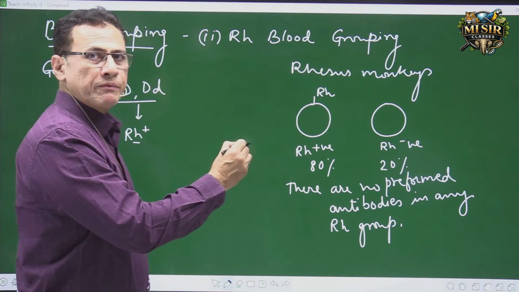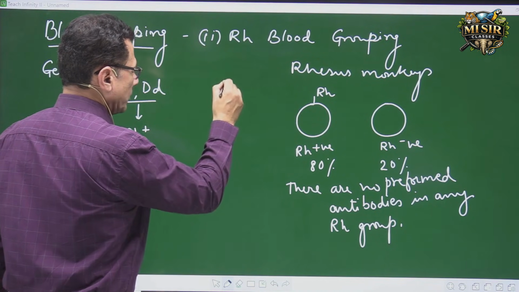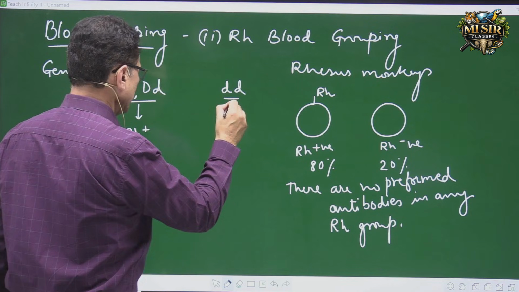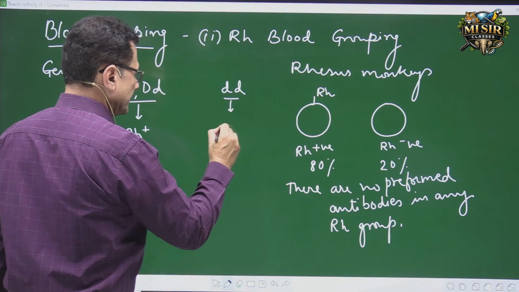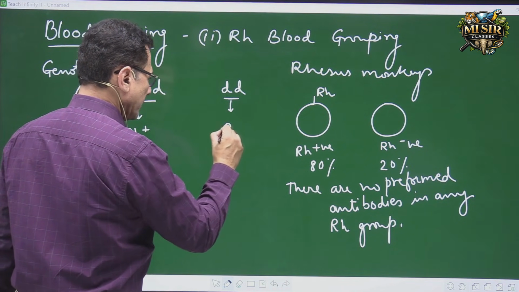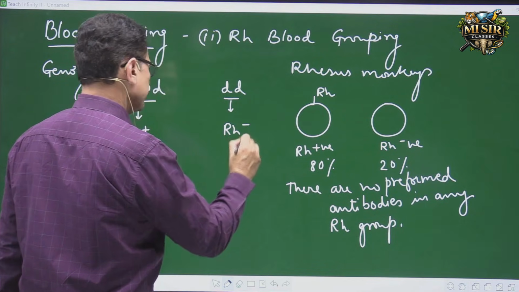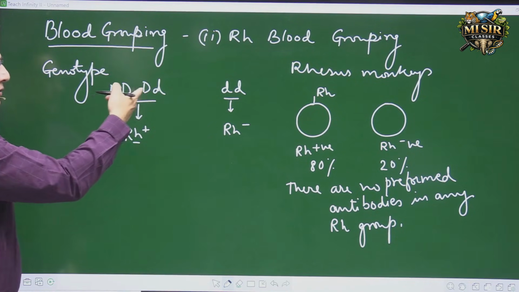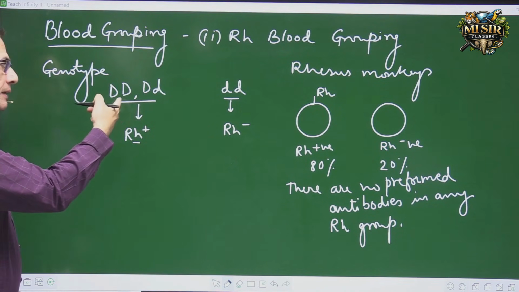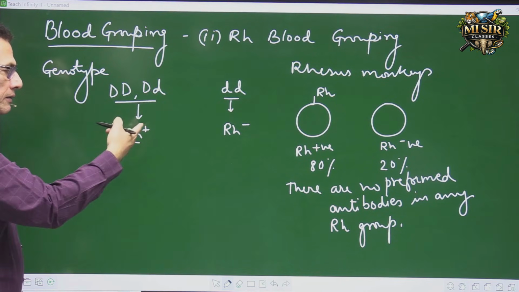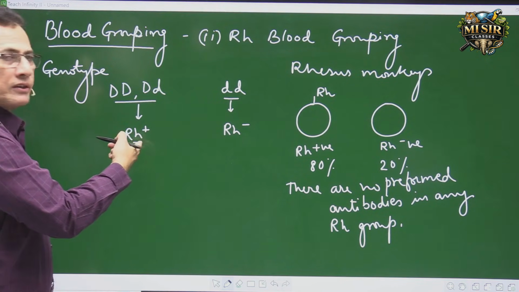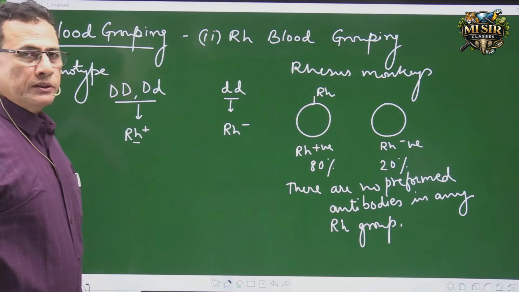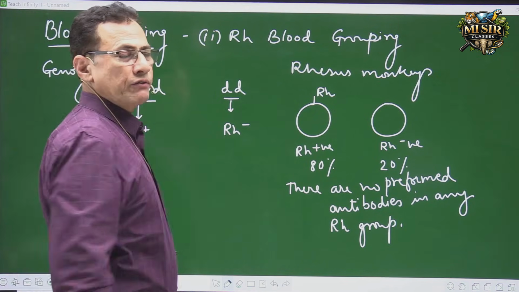If the genotype is small d small d, in this case, the phenotype will be RH negative. So the genotype capital D small d will give RH positive phenotype. Small d small d genotype will give RH negative phenotype.